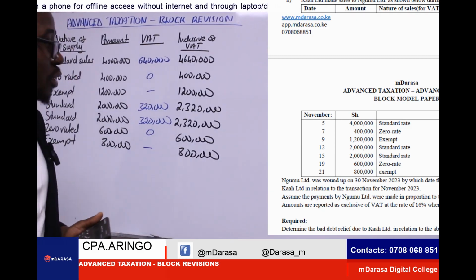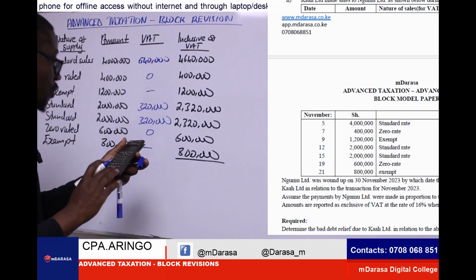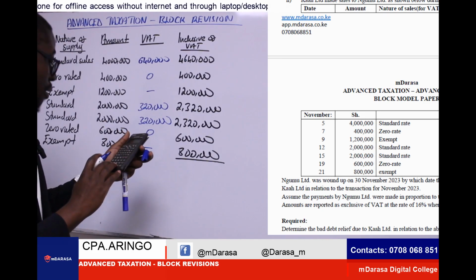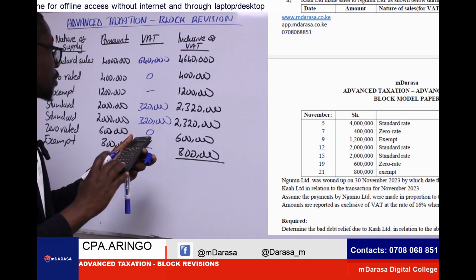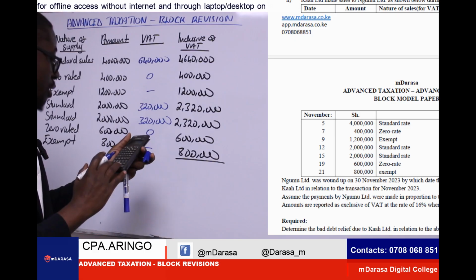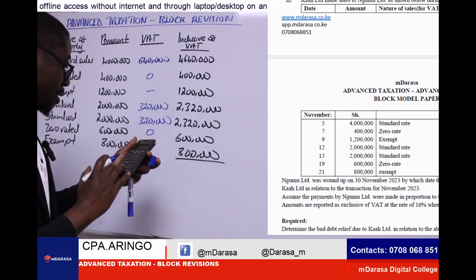The total value, right? If we sum this up, what will we be having? 4,640,000 plus 400,000 plus 1.2 million plus 2,320,000 plus 2,320,000 plus 600,000 plus 800,000.